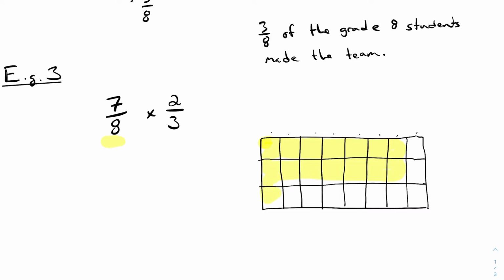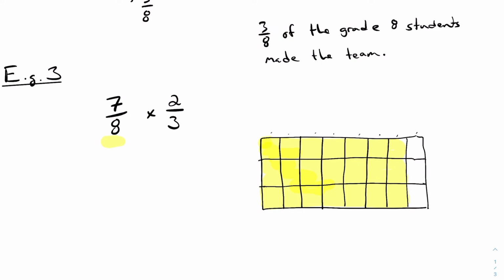So in this section. So this represents our 7/8. And we want to take 2/3 of the 7/8. So let's see what it looks like if I do 2 colors here.